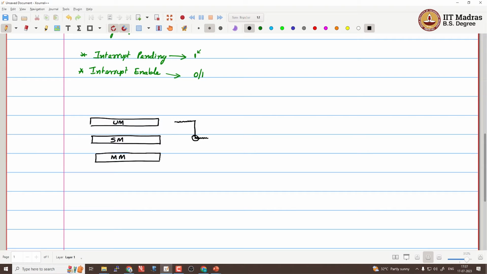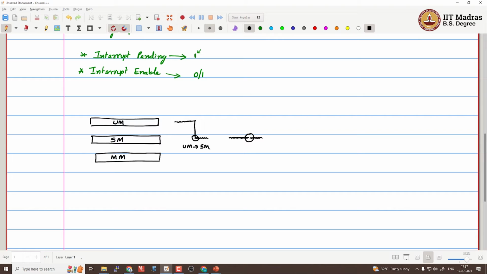Another case that can occur is the following. Now we have the supervisor mode executing, and at some point during its execution an event occurs, and this event causes the event handler to execute. Notice the difference over here. Here there is a switch from user mode to supervisor mode.